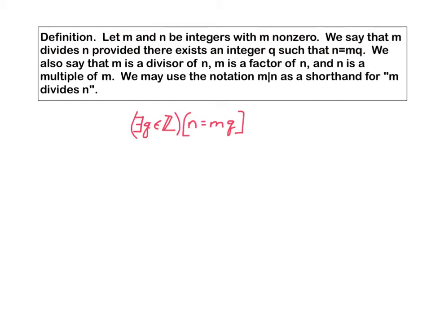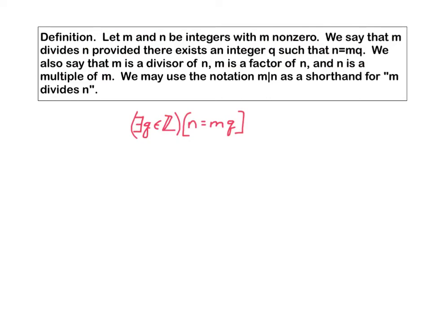It's easier on the eyes and easier to verify when you see it in symbols. So we say that m divides n provided there exists an integer q such that n is equal to m times q. And there are other ways of referring to these, other words that we can use. So we also say that m is a divisor of n, m is a factor of n, and we also say that n is a multiple of m.